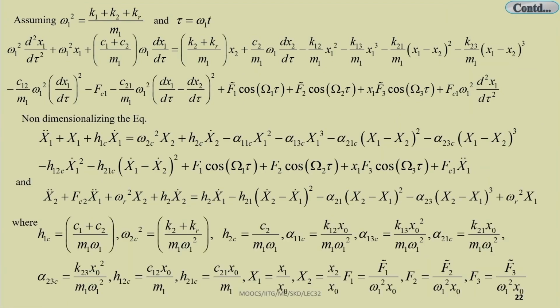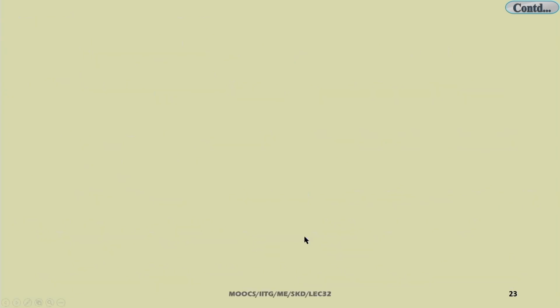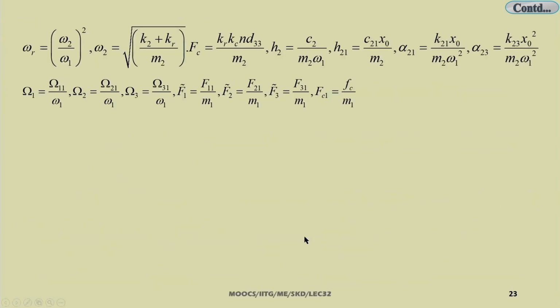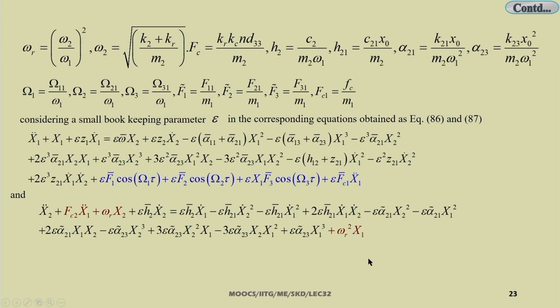Here we may apply the method of multiple scales to these equations of motion. In this case, you can check the forcing term is taken of the order of epsilon, here it is epsilon f1. We can take multiple forces in the primary system.